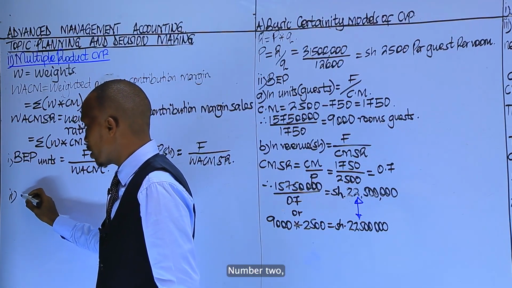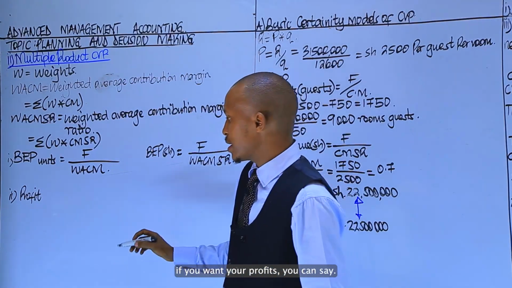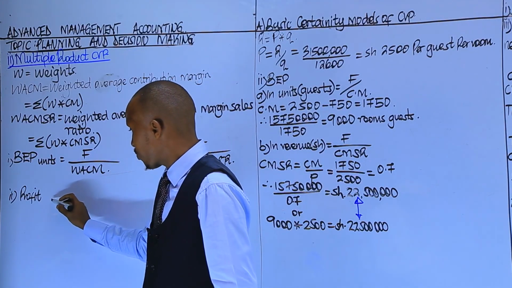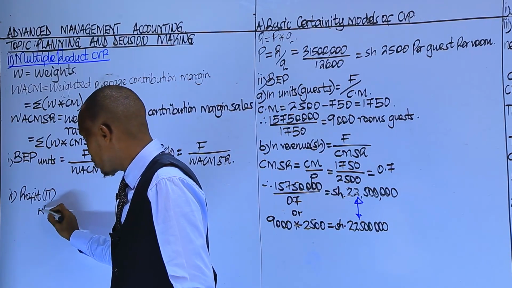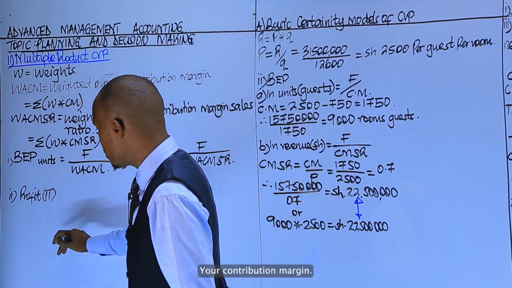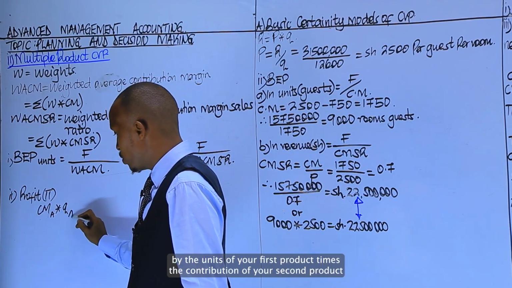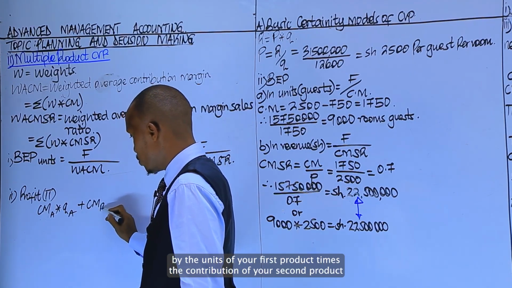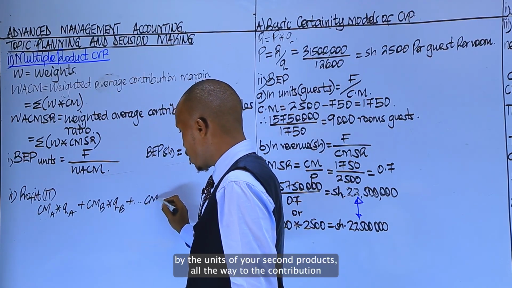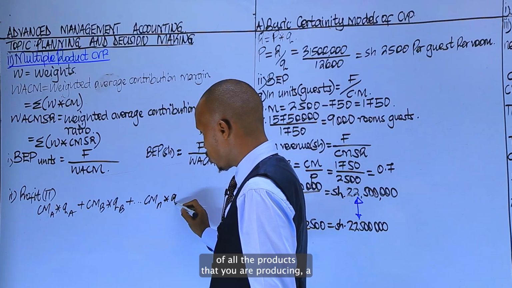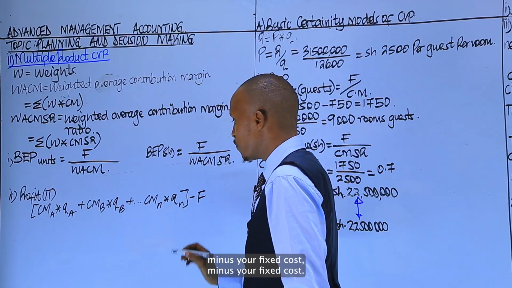Number 2, if you want your profit, it is simply the contribution margin of your first product by the units of your first product, plus the contribution margin of your second product by the units of your second product, all the way to all the products that you are producing, minus your fixed cost.